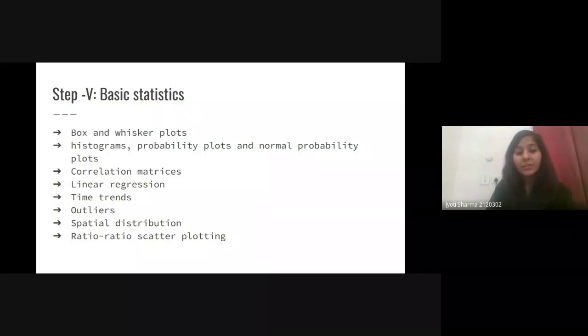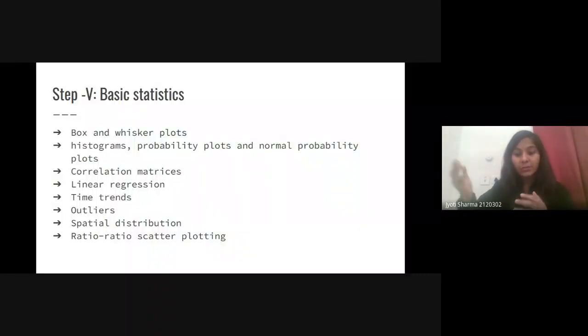Then after that, you will do some kind of statistics. For example, you will draw a box plot and a histogram to get an idea about your chemical species and the distribution of those species. For example, you will see what the maximum concentration is that the species has reached.